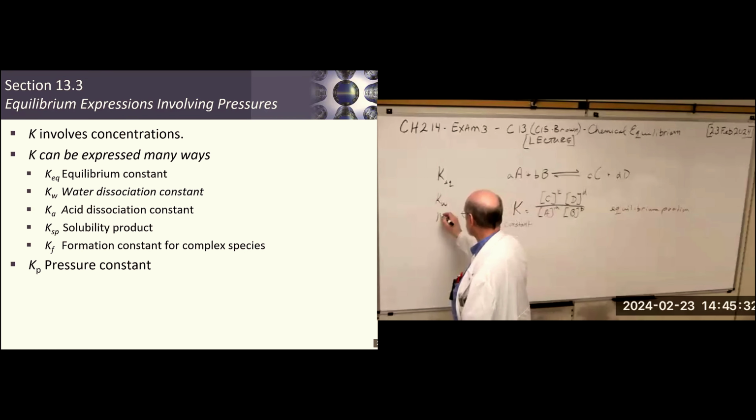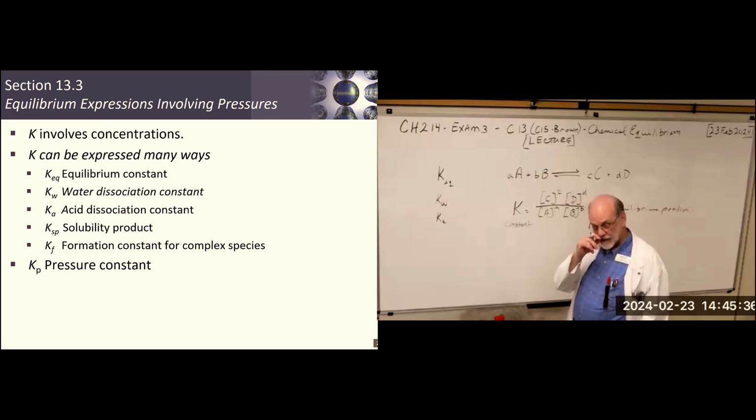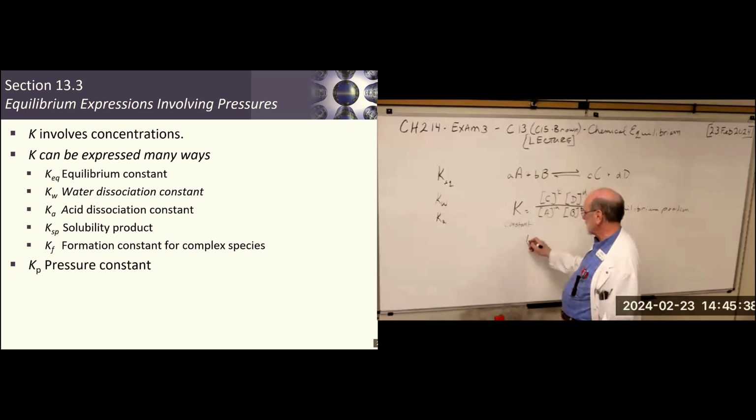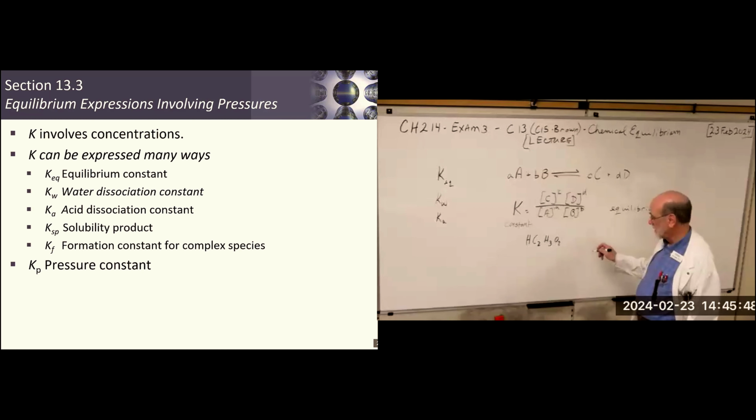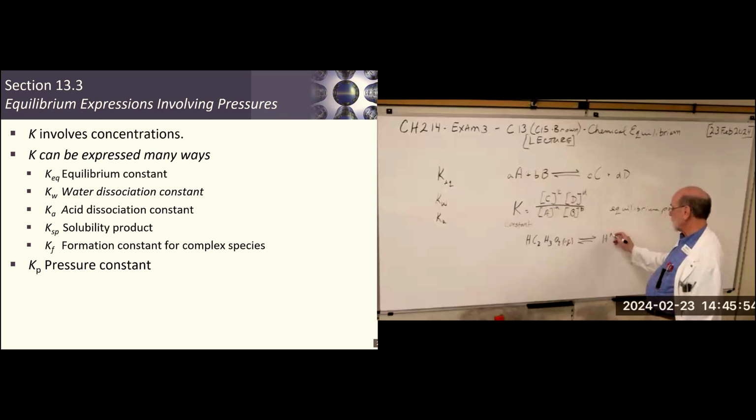Ka is an acid dissociation constant. So if you have an acid, let's pick a weak acid, acetic acid, in aqueous solution, it's going to dissociate into a proton plus the acetate polyatomic ion.